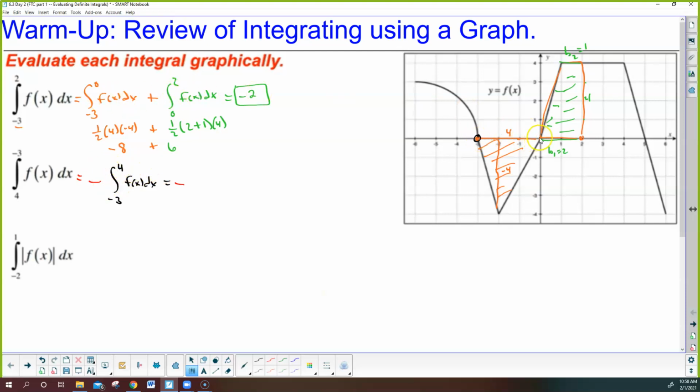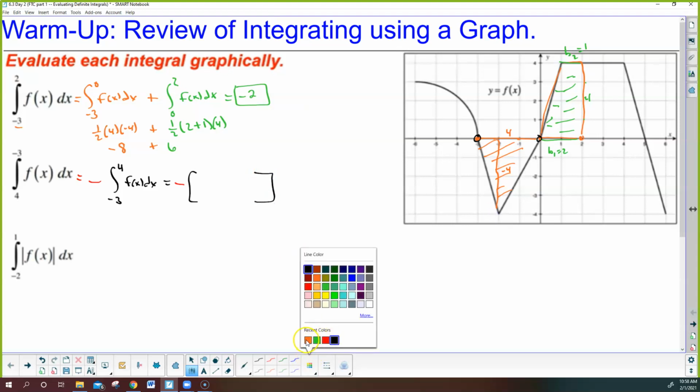But we know I'd go from here to here, and I know the area for that part is -8. Try to color coordinate this. So this has an area of -8 from -3 to 0. And then I know from here to here, well, that has an area of +6.